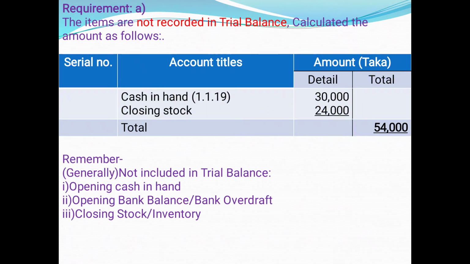Students, you have to write in account title column cash in hand 1119 30,000, closing stock 24,000, total amount of money not recorded in trial balance, that is 54,000, to be closed in outer column.